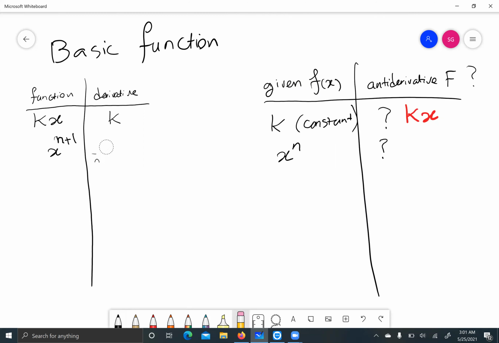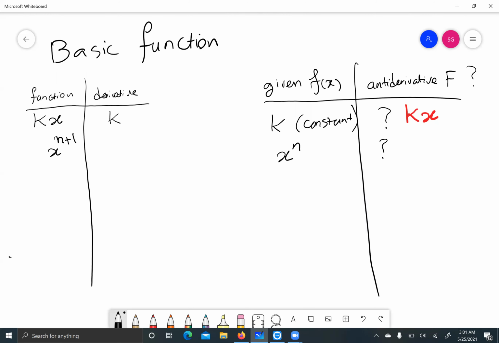Recall the derivative rule. If your function is x to the power of n plus 1, the derivative is n plus 1 times x to the power of n, right? It has a multiplier. The power sits as the multiplier. But here I don't have any multiplier.